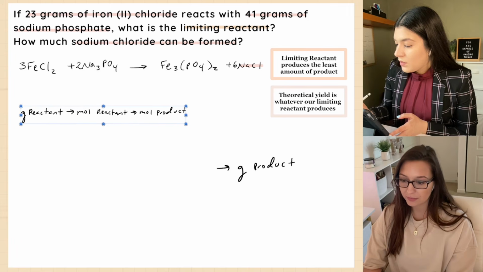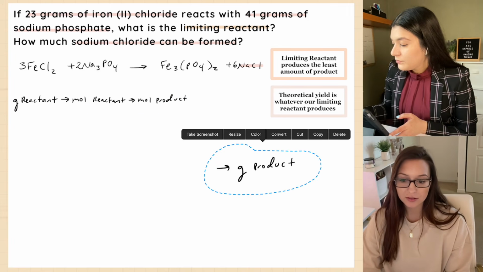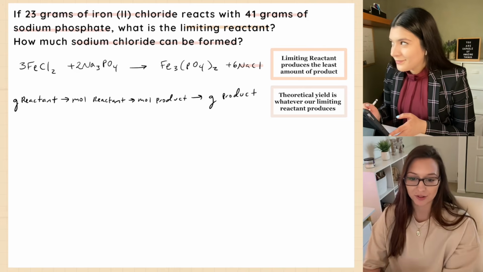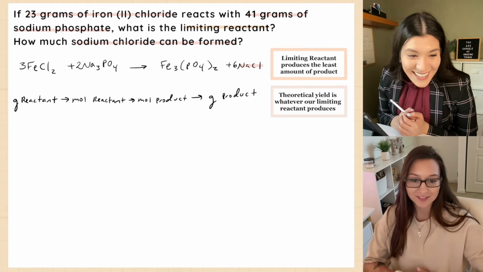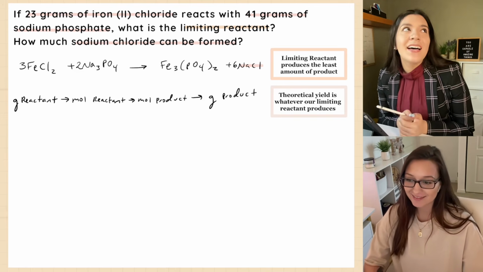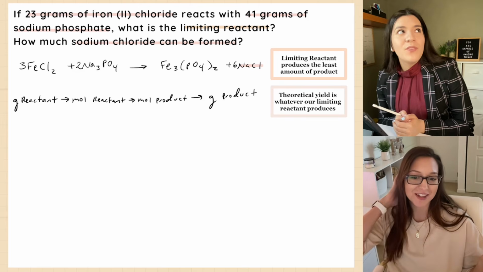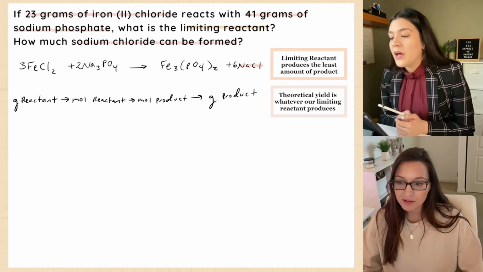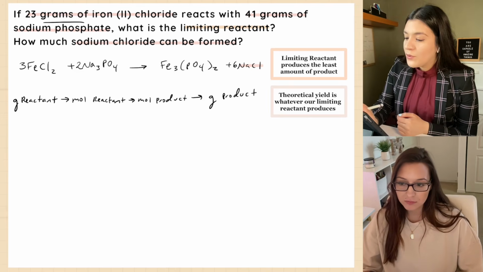So is this the same every single time? Yes. So I can just memorize this process and then it'll be for every limiting reactant? I never want to say memorize. I always want you to understand. But the steps will be the same, right? The steps should be the same if you're given grams.